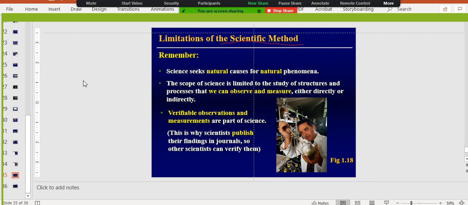And so, you've probably seen ghost hunters and stuff on TV, and they run around with these scientific instruments trying to measure things, like electromagnetism.